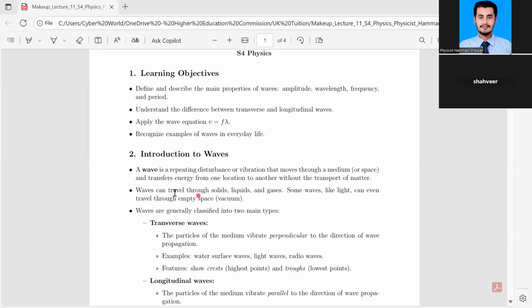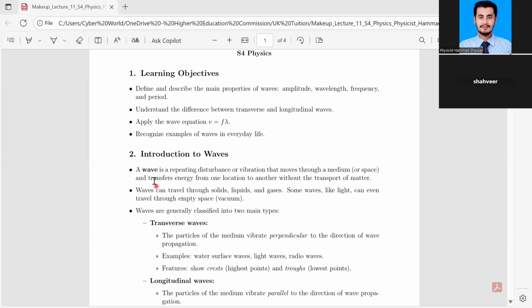So what is basically a wave? I told you that a wave is basically a disturbance in the medium. If there is some medium, definitely there are a number of particles, and if you disturb the medium, those particles start vibrating, and it means they are now producing waves. This is the simple definition of a wave.